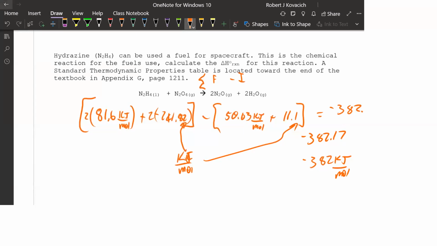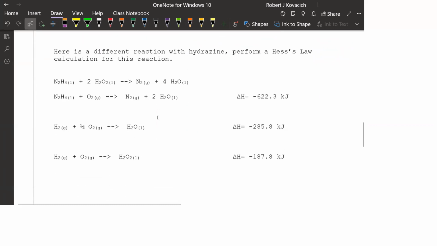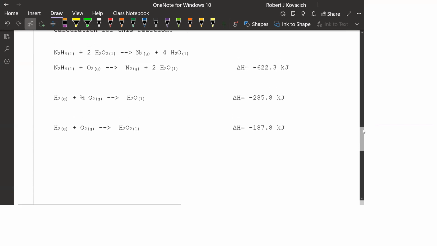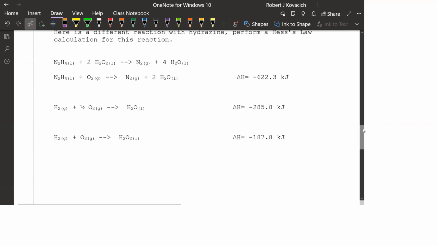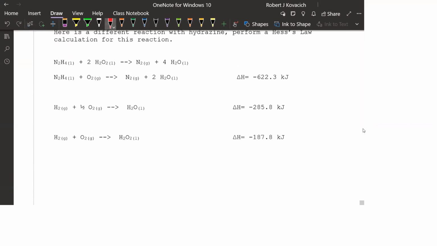Okay. And then our last one, we've got a Hess's Law problem here. So we've got some issues with the stuff that we're given. All right. So I'll start off with that's good.